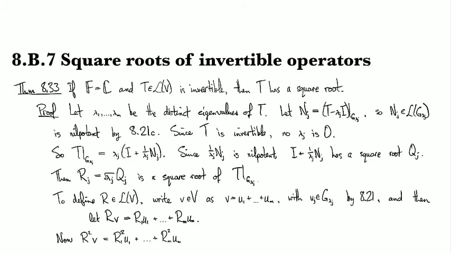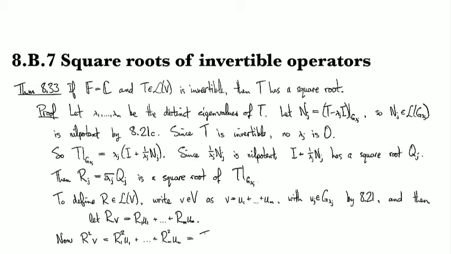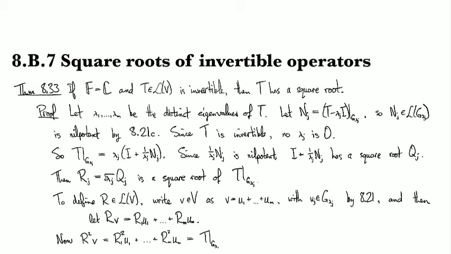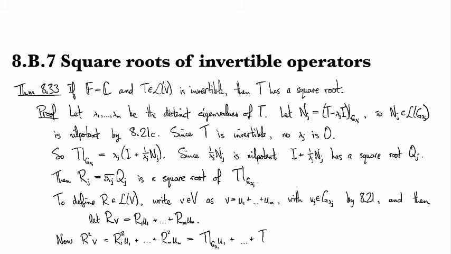So we end up with this, and then according to our definition of the R's, this gives us T restricted to G(lambda_1) applied to U_1 plus and so on, T restricted to G(lambda_M) applied to U_M.